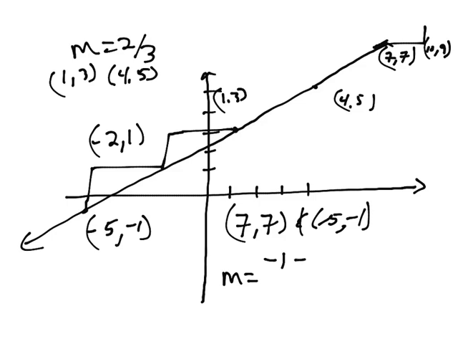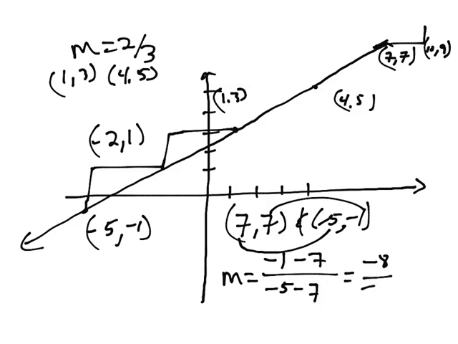So you'll get -1 minus 7, the difference in the y-coordinates, divided by the difference in the x-coordinates, which is -5 minus 7. So you get negative 8 over negative 12, which is both divisible by negative 4, and you get 2/3, the same answer we got when we calculated with the original 2 points. The slope doesn't care what 2 points you tell it.